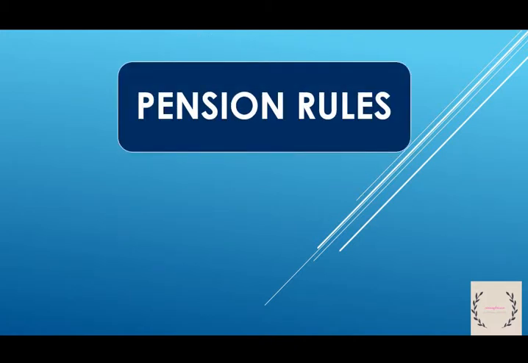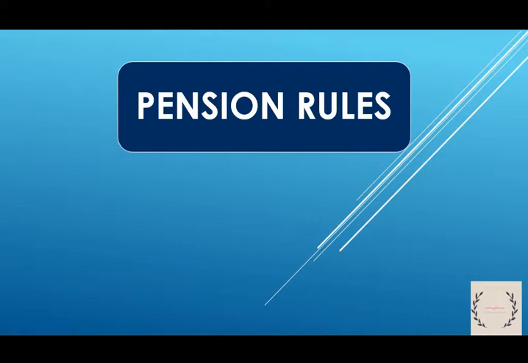Pension rules. I hope that most of you are quite familiar with the terms pension and gratuity. However, I'm going to explain it again as part of the discussion of this topic.